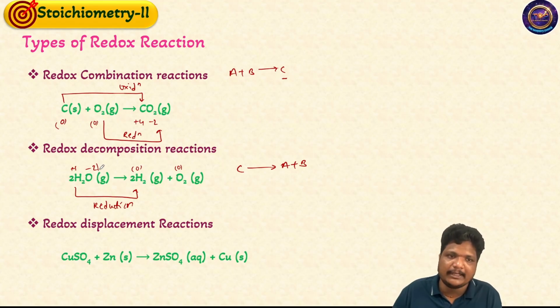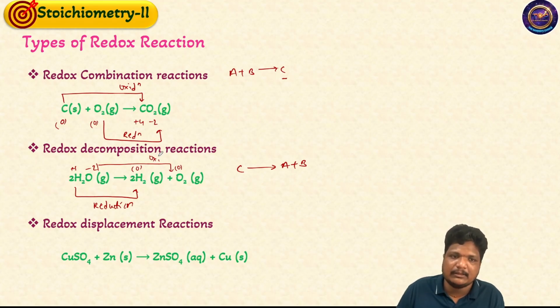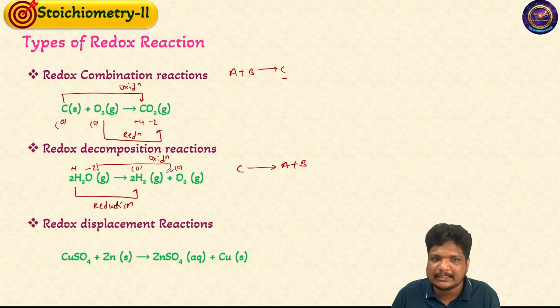In the case of oxygen, -2 to 0, సో -2 నుంచి 0 కంటే ఇంక్రీజ్ ఇన్ ఆక్సిడేషన్ నంబర్, సో ఇట్ ఈస్ ఆక్సిడేషన్. So it is oxidation reaction. So both oxidation and reduction taking place in this reaction. So it is a redox decomposition reaction.